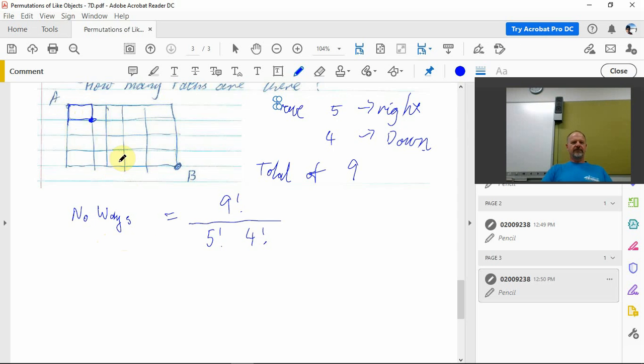And so when you get out your calculator and do that, you'll find there's 126 different pathways that you can go on. All right, so let's see how you go with all of that. That's the last of the permutation stuff.